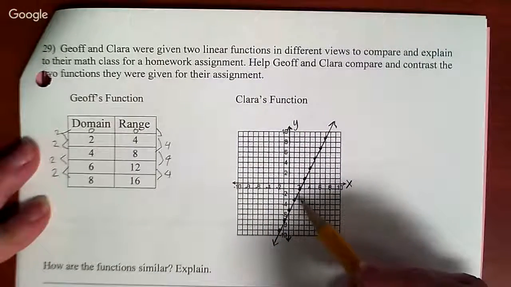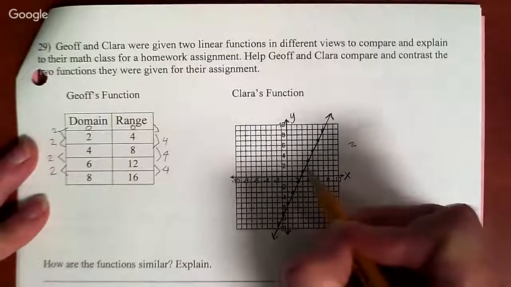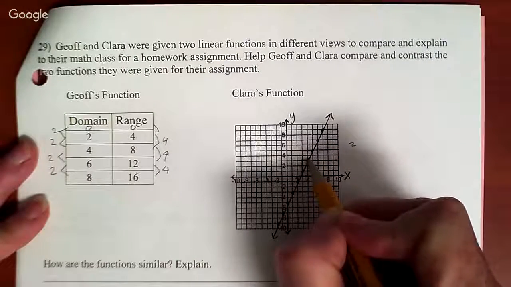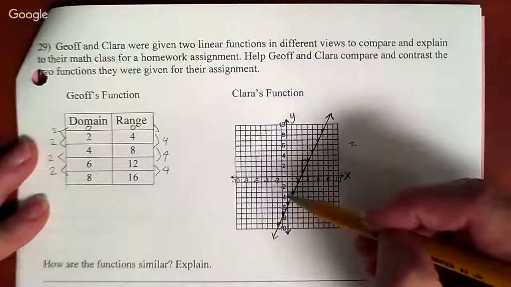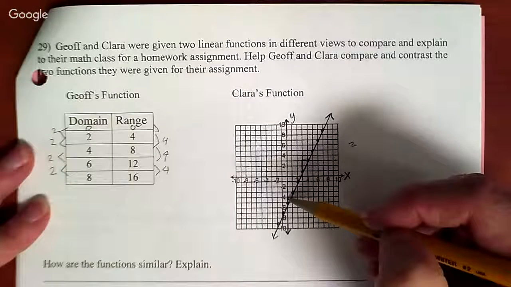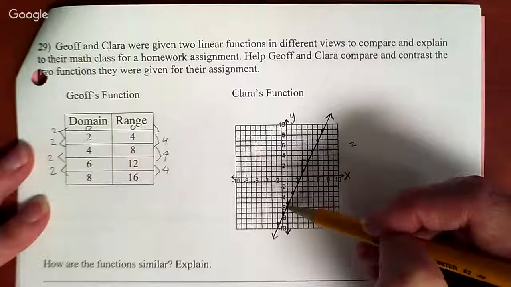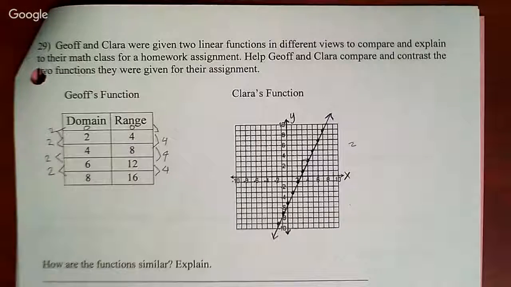If we notice here, our slope here is 2 because each time we go up 2 and over 1. Our y-intercept here, if we come down, we have 4, and we go negative 4, negative 5, to negative 6, but I think it wants to show us it's negative 5 is where it crosses the y-intercept.